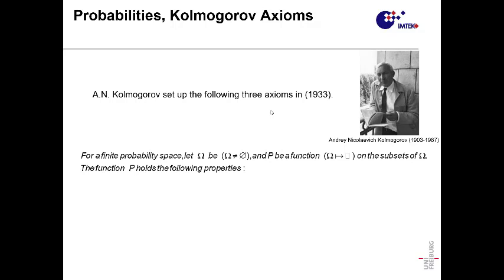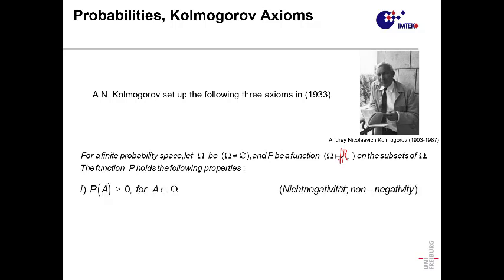So you can define a function P that maps the elements of omega to a real number. It could be any number, for now, on the subsets of omega. And this function will hold these properties.